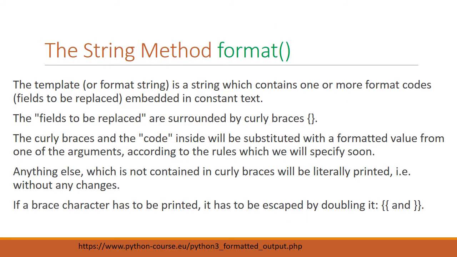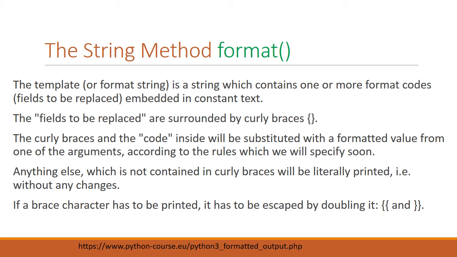The string format method is new to us, so let's examine it more closely. The template or format string is a string which contains one or more format codes. The fields to be replaced are surrounded by curly brackets.